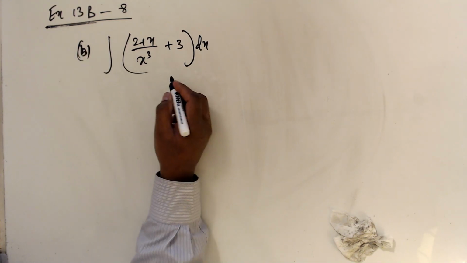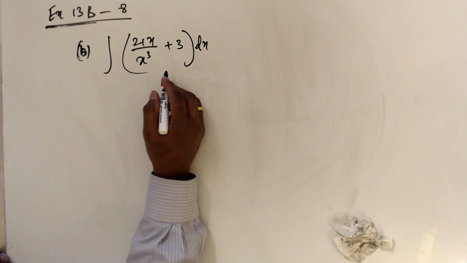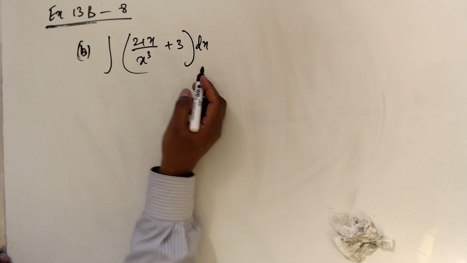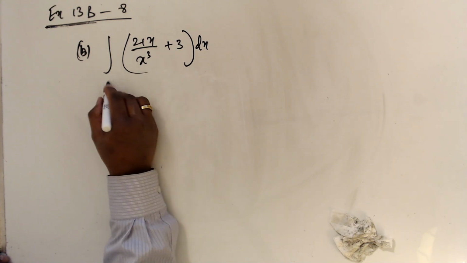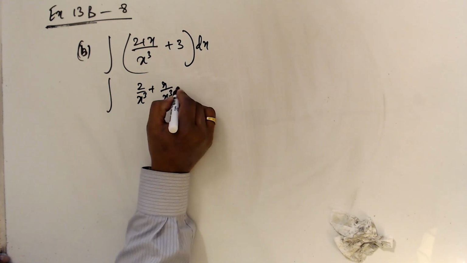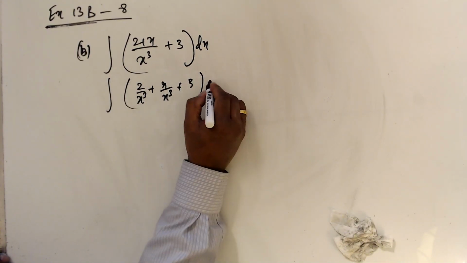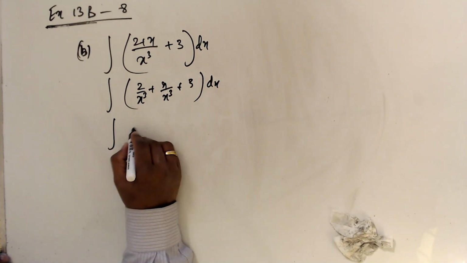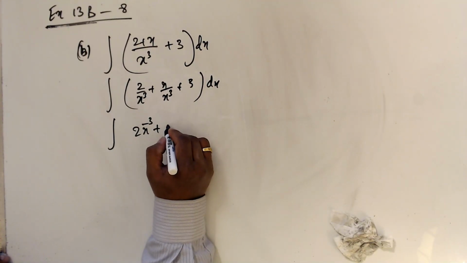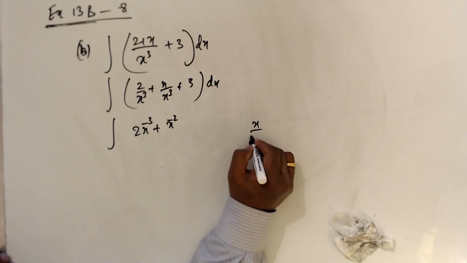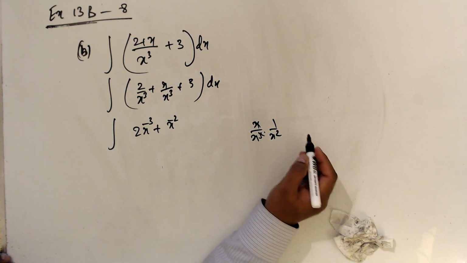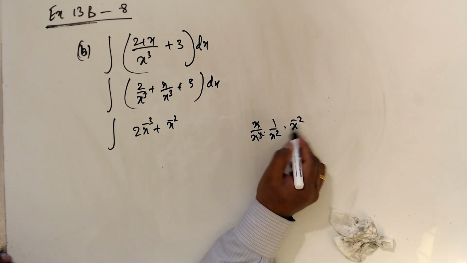I think I worked out 9b accidentally. Now we'll work out the right sum. So again, I can write 2 over x cubed plus x over x cubed plus 3 dx. So this is 2x minus 3 plus x minus 2, because x cube cancels out. This is going to be x square, and when it comes up, x minus 2.